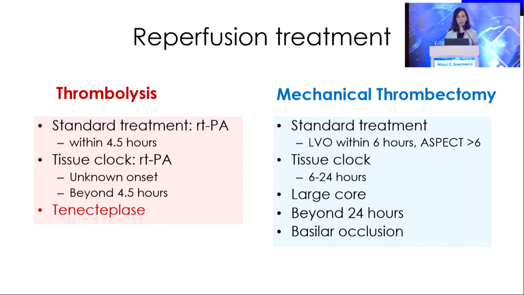We have tenecteplase that can replace alteplase. I'll be showing you some data on tenecteplase later on. For mechanical thrombectomy, we know that the 6-hour window is the standard, and now we have tissue clock extending the time window up to 24 hours. And we are having new concept of large core and treatment beyond 24 hours and also basilar occlusion.